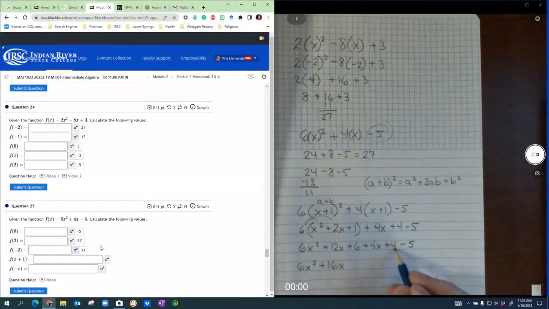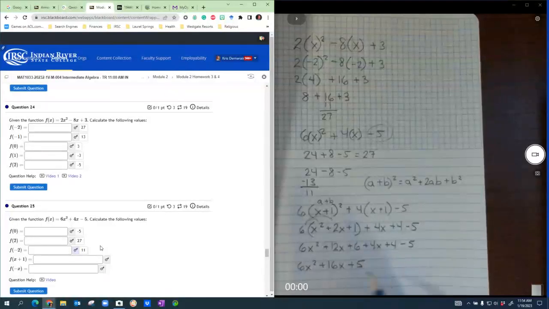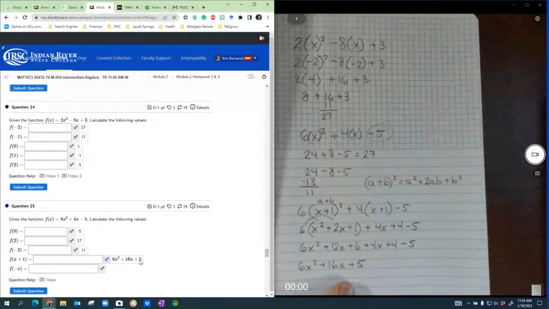And then you have 6 plus 4 is 10, minus 5 is 5. And now that is the answer we're looking for. We don't come up with a hard value like we did with these value systems. We're coming up with something completely unique in that we have that now. So a little different.